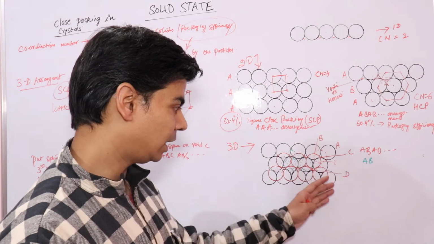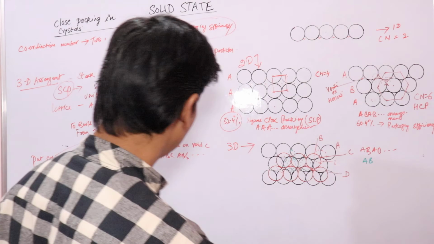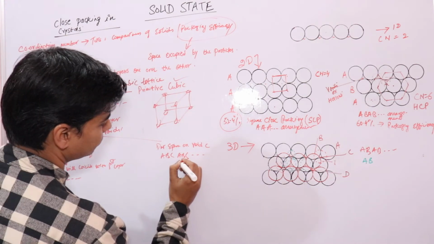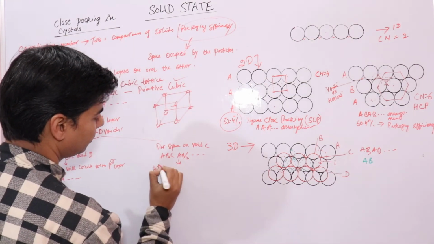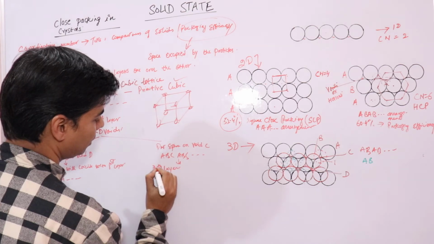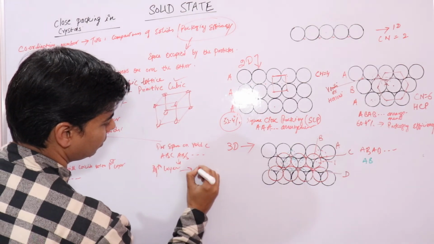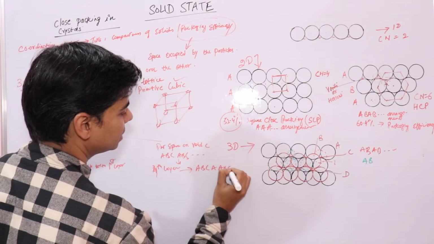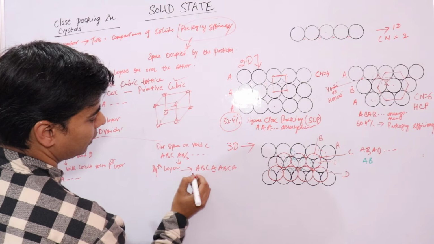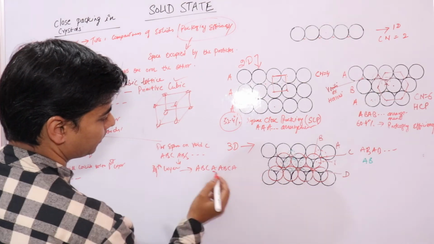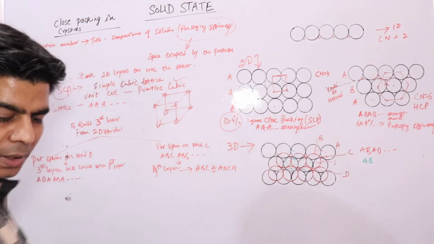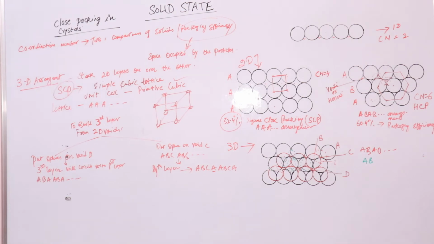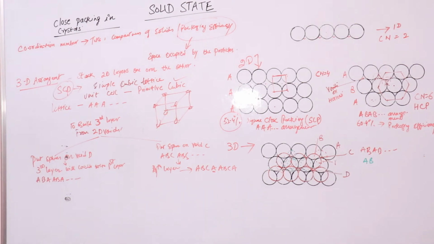So the arrangement would be ABCA. This fourth layer will again coincide with the first layer. Sorry, this is your CCP arrangement, and this is your HCP arrangement.